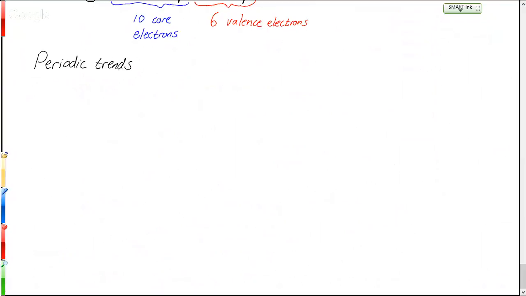So periodic trends are just what happens as you go across the periodic table, what happens as you go up or down the periodic table. Can we predict what's going to happen with various properties? And that's really useful because then we don't have to be constantly looking up numbers. So the first one we're going to look at is atomic radius.